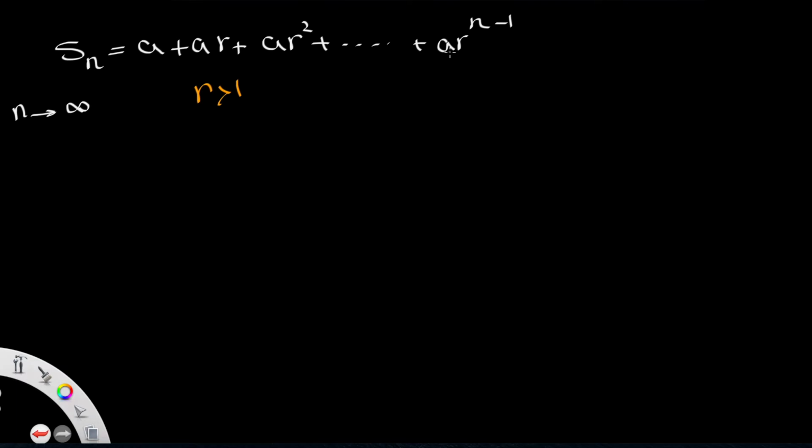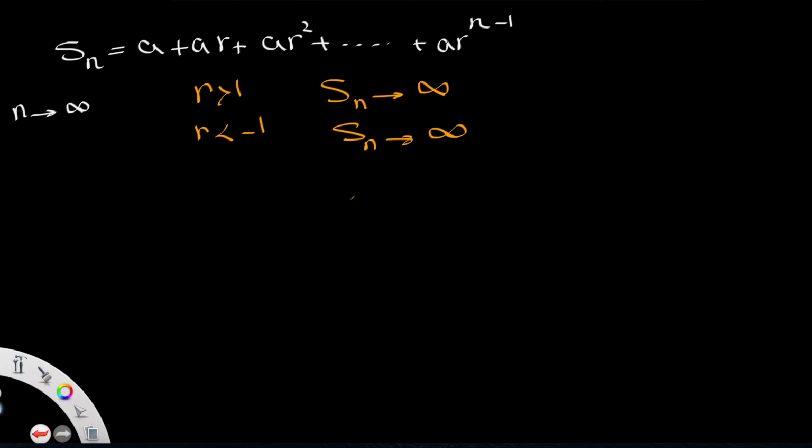So then the sum will be infinity as well. Likewise, if you have a number less than negative 1, like negative 1.5, negative 2, when you have the power tending to infinity, then again it will tend to infinity, either positive or negative.